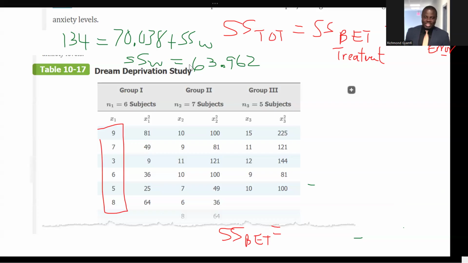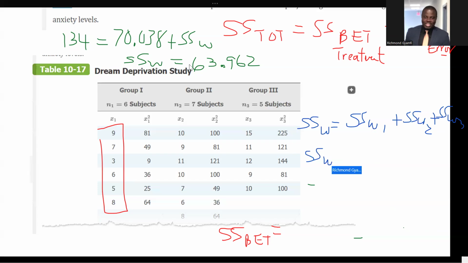Okay. So SSW is going to be SSW1 plus SSW2 plus SSW3.